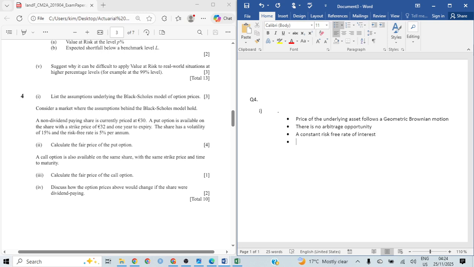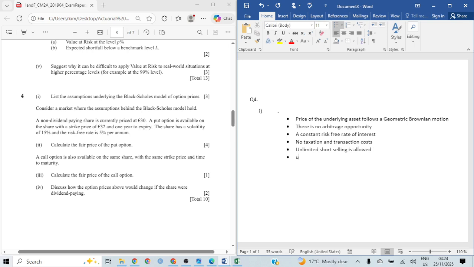To be on the safe side, even though this question is 3 marks, you should give 6 points so that each point is half a mark. So our fourth point is no taxation and transaction costs. Fifth, short selling is allowed and unlimited.